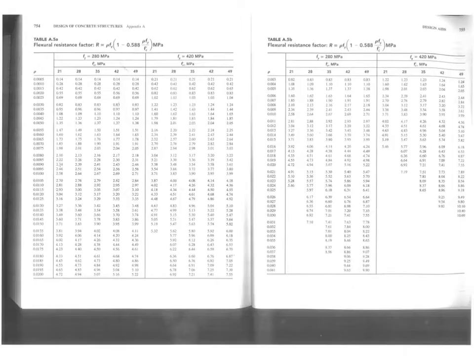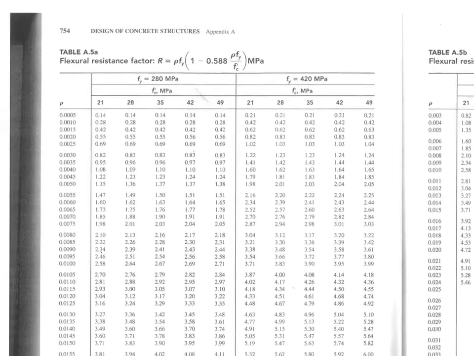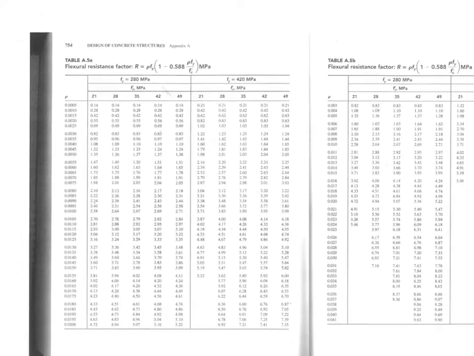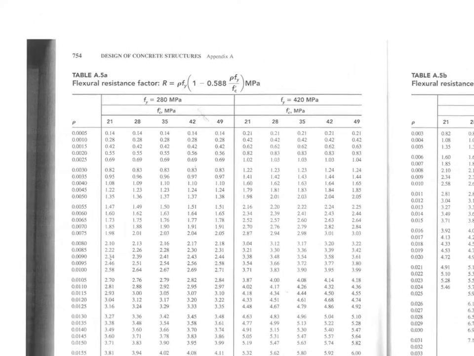Going to the next table up is table A5A. A5A and A5B talk about something called the R value. Now, this R value will be explained in part 5, once we get into part 5. It is very nice to use R value when we are doing the design, rather than using the big equations that we had.